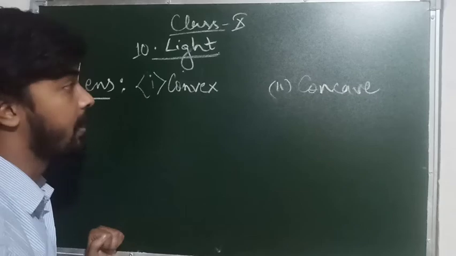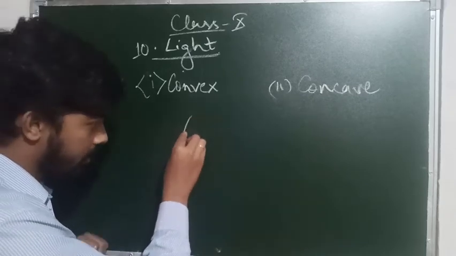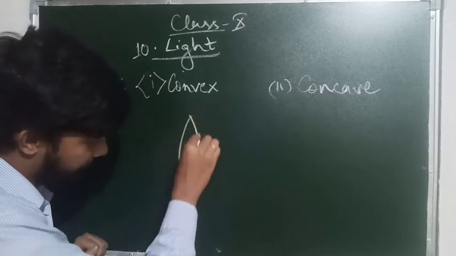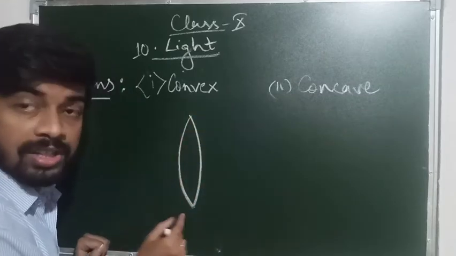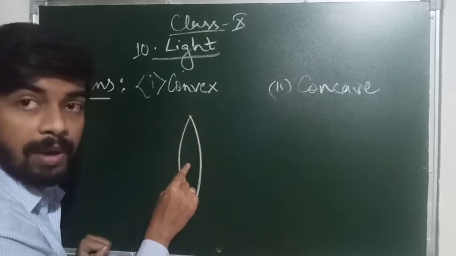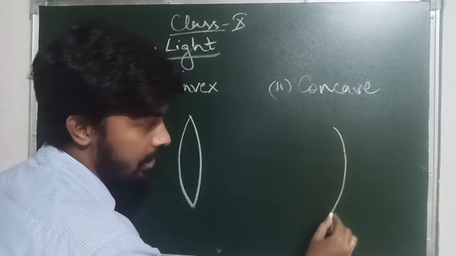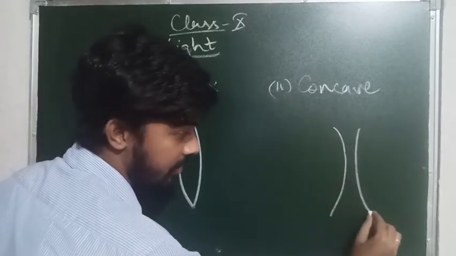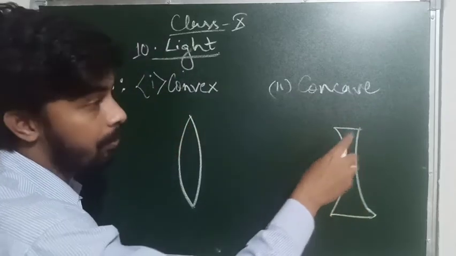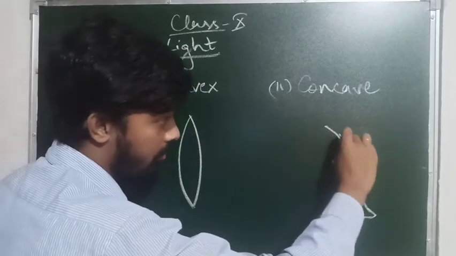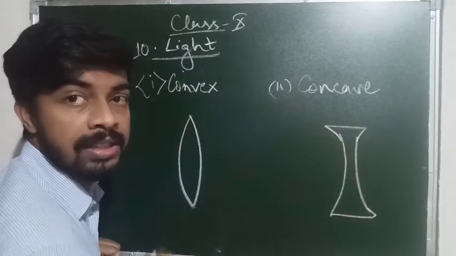The convex lens is shaped like this, with the upper and lower edges thinner and the middle part thicker. The concave lens looks like this: the upper and lower edges are thick and the middle part is thin.